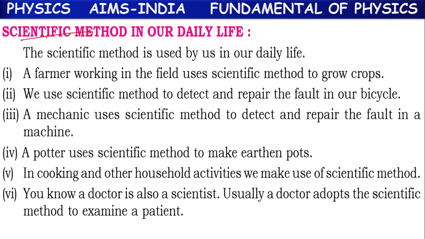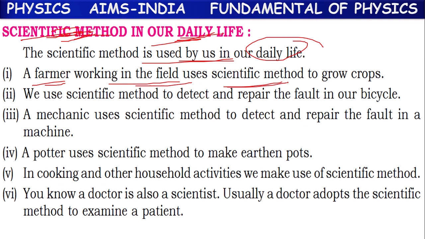So a farmer also uses the scientific method. Scientific method in our daily life is used by us. A farmer working in the field uses the scientific method to grow crops.